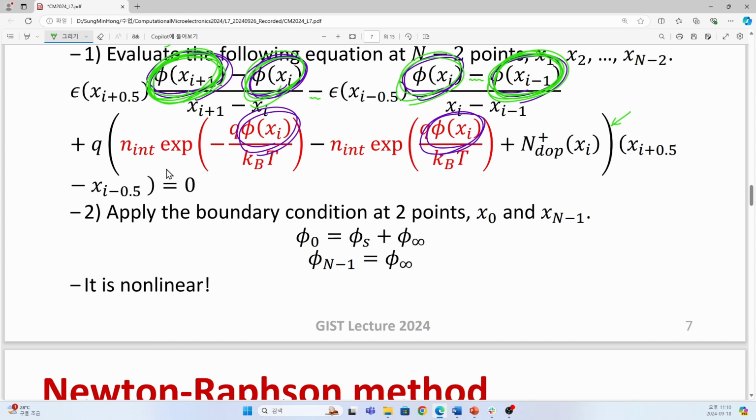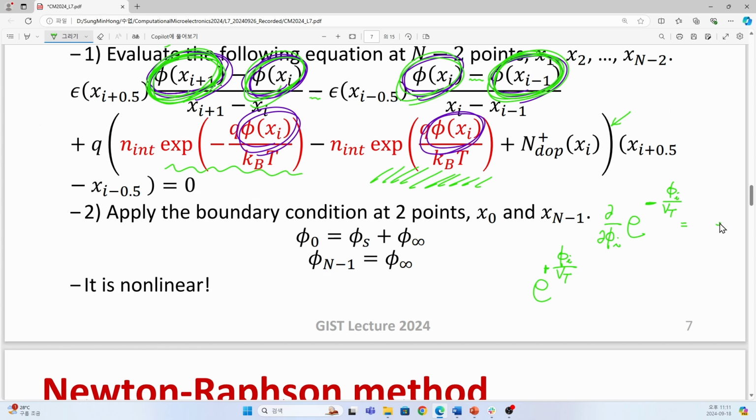So please have a look at this one. Here we have exponential of minus phi over vt, and this term corresponds to exponential of phi over vt. The difference is that this one has a negative sign and this one has a positive sign. When this is indexed with i, please try to evaluate this partial derivative. How does it look?